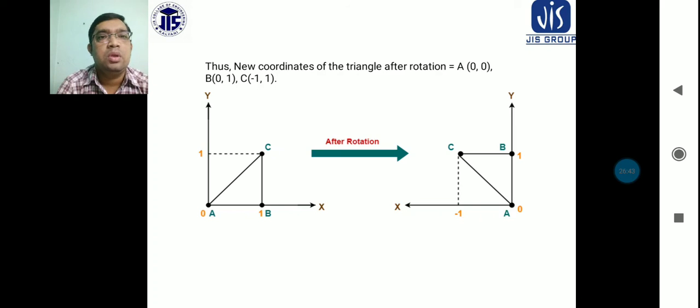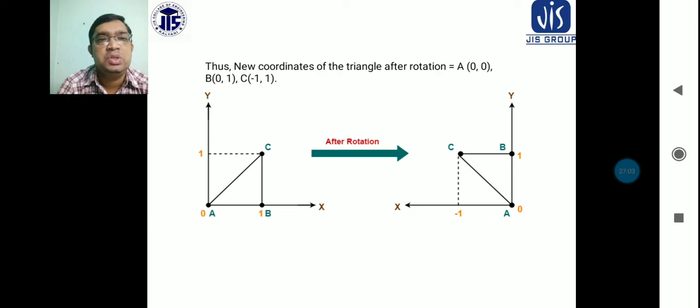And thus the new coordinates of the triangle after rotation are A equals (0, 0), B equals (0, 1), and C equals (minus 1, 1).